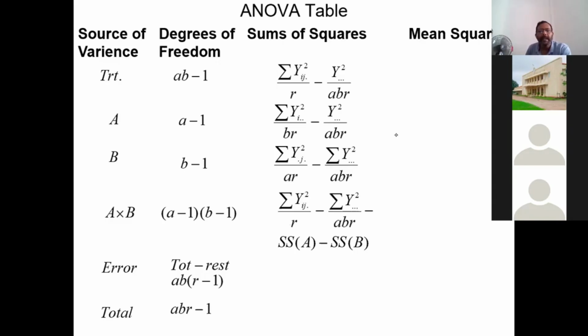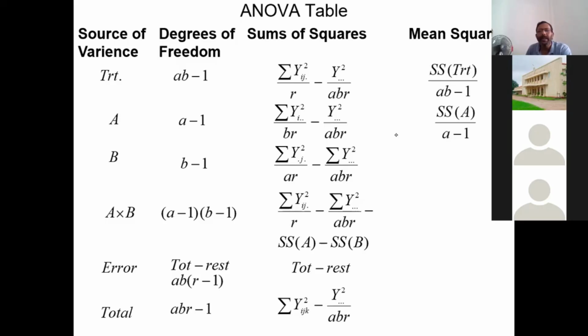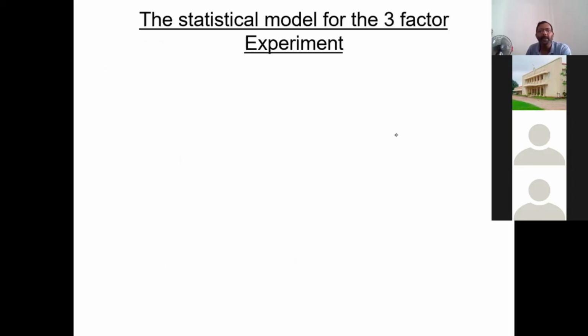Then the interaction effect comes from treatment minus A minus B. The total effect we write as summation of Yijk square minus the correction factor. The mean squares are as usual: sums of squares divided by the degrees of freedom. That is the principle in all aspects.